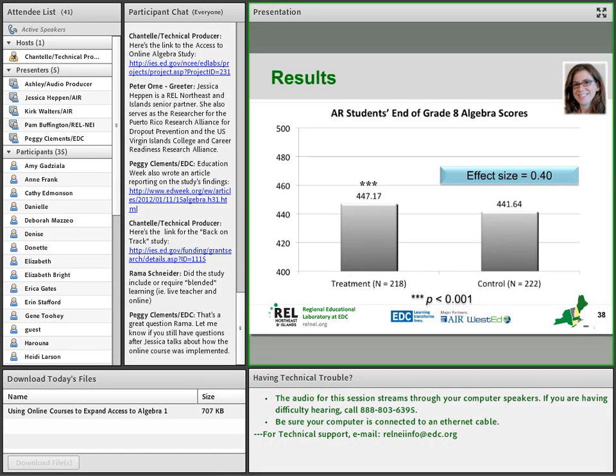And though the bars using this scale don't look that different as far as their height goes, this translates into an effect size of 0.40, which means 4/10 of a standard deviation move from the average, which is quite statistically significant and educationally meaningful.